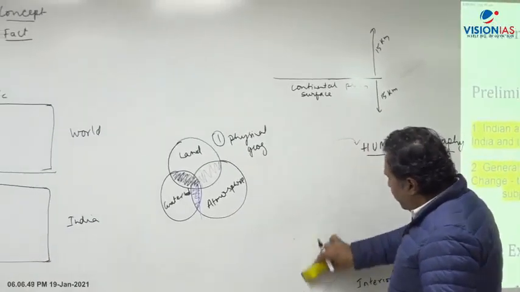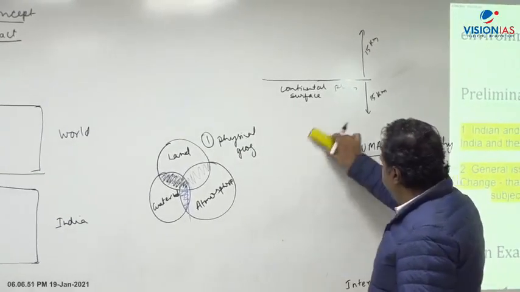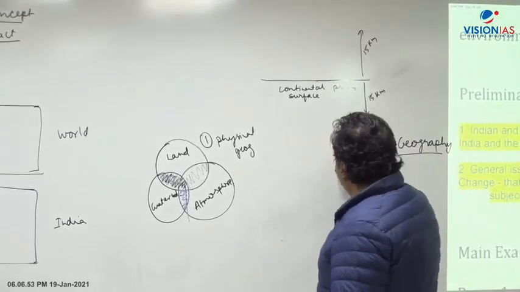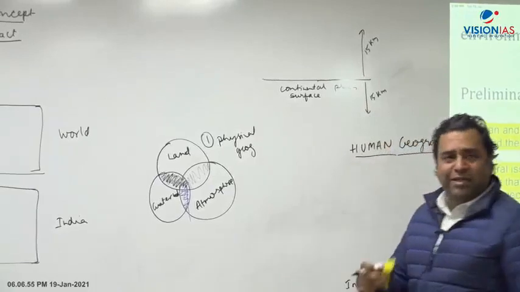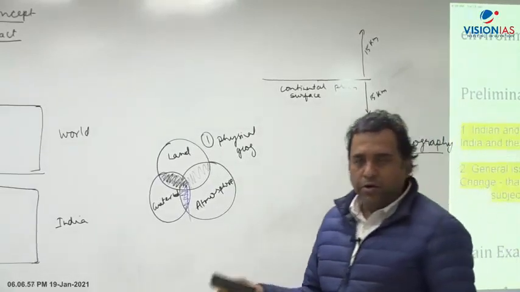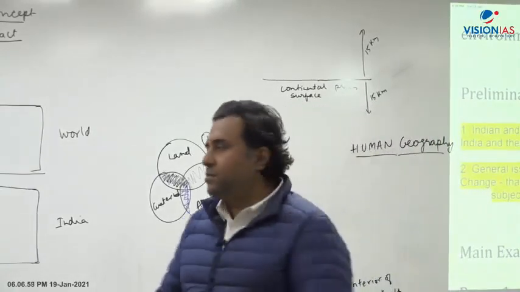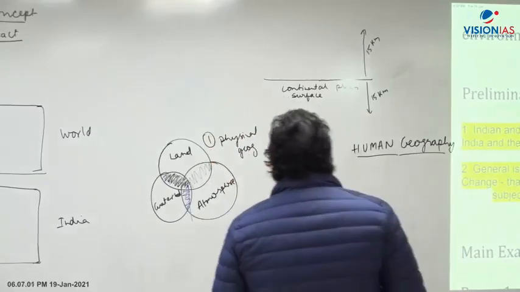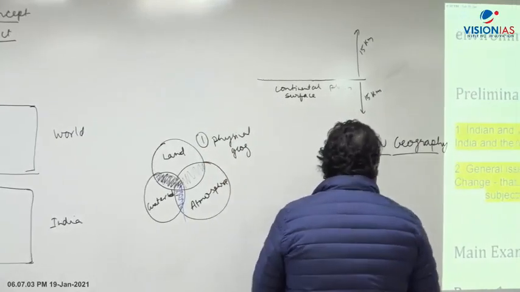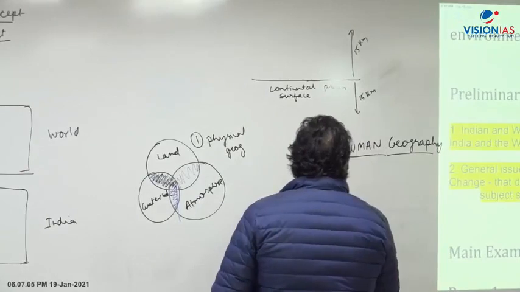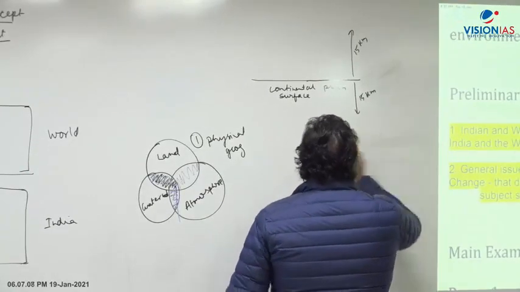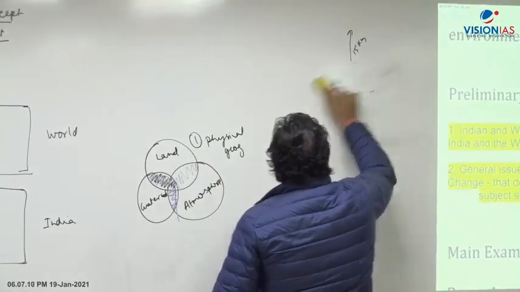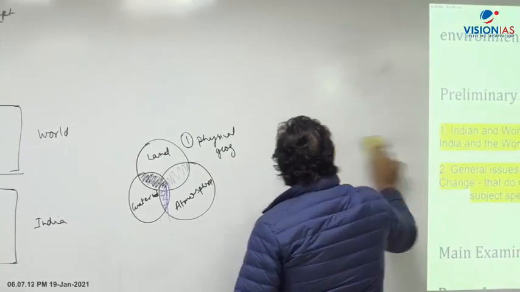And when you go from these animals up to human beings, after doing the biology and ecology, environment, now you are in the second part of geography, human geography. So when you come to human geography, what do you think human geography would include?